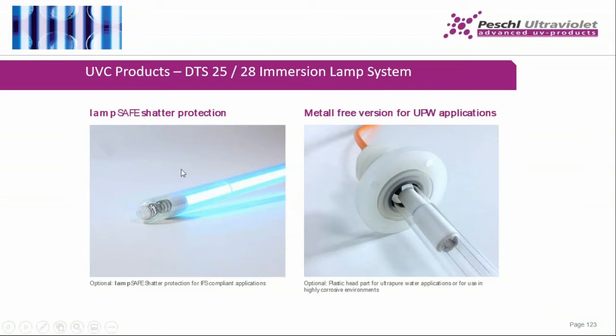But I want to say something more about this lamp-safe foil because it's really interesting. Some people think that normal plastic is transparent for UV. It is not. So typically there are only 3 materials: quartz material, natural quartz glass, synthetic quartz glass, and such kind of material like a fluoropolymer.